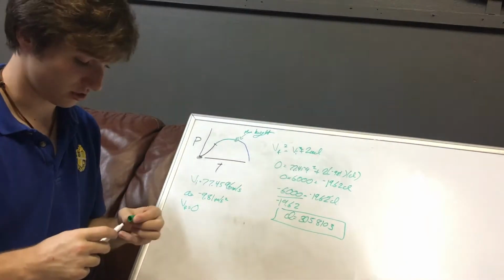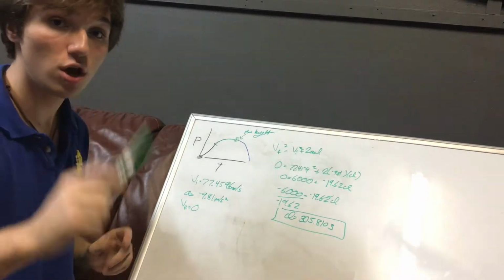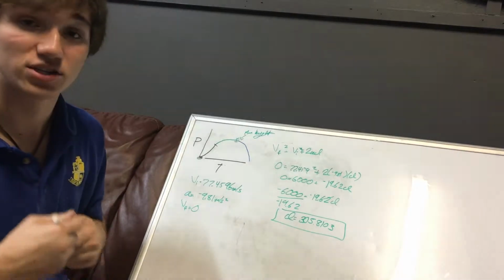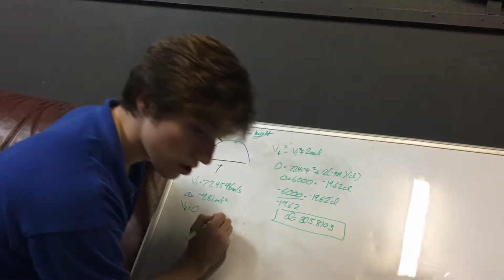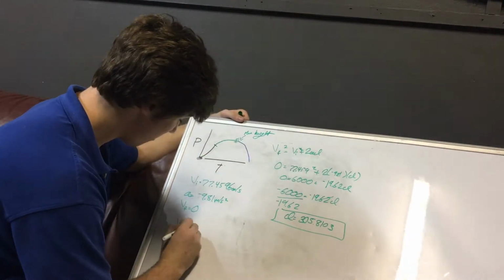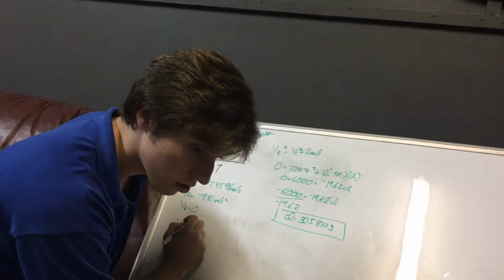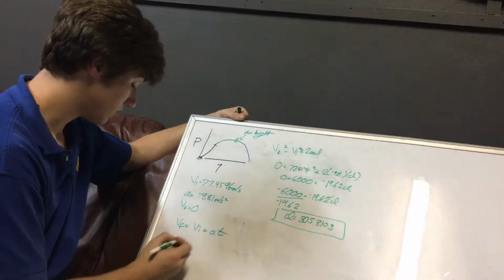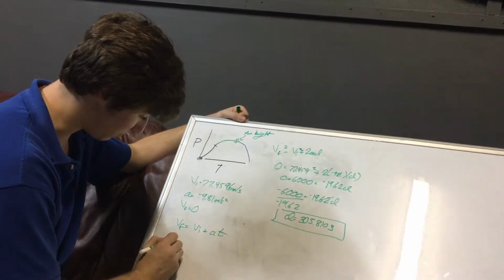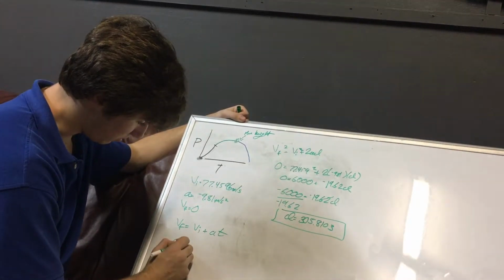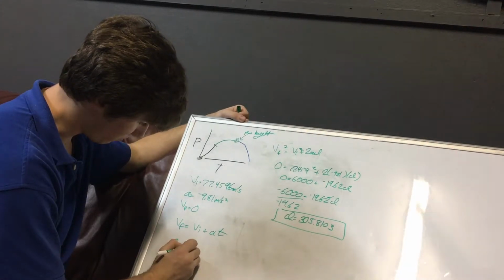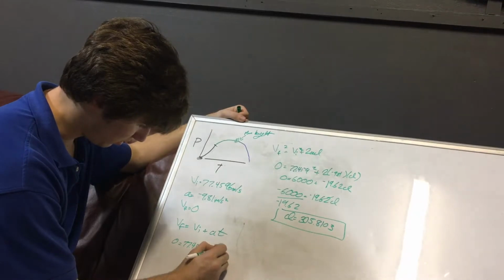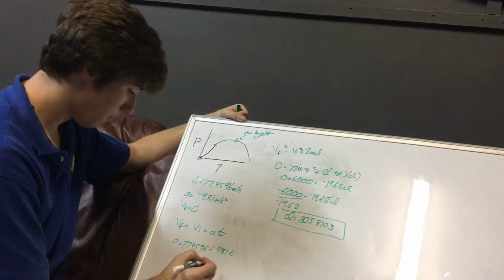On to the third section. Wait a minute. No, we still need to find time. So to find time, we have to use VF equals VI plus AT. To get t in this sense, we need to start plugging in again. 0 equals 77.4596 plus negative 9.81 t.